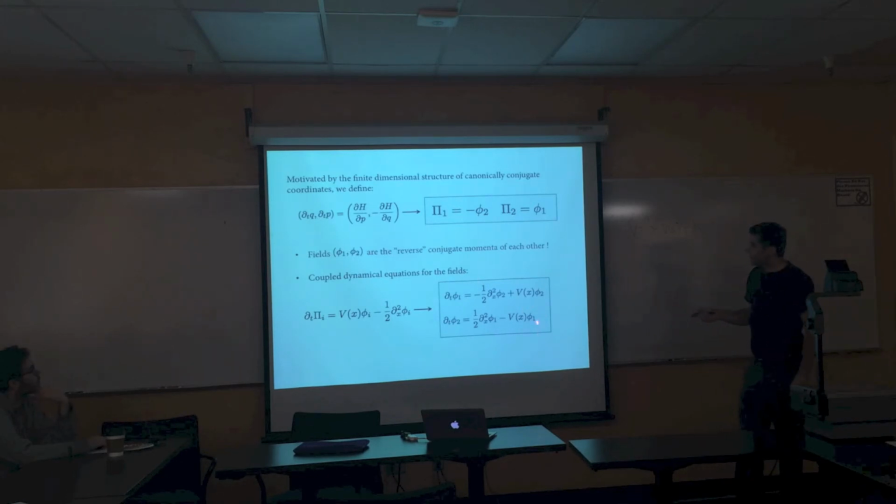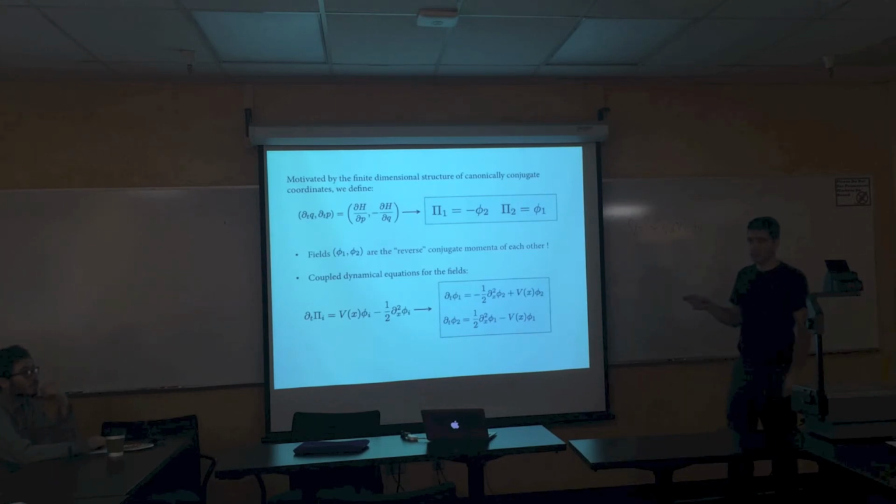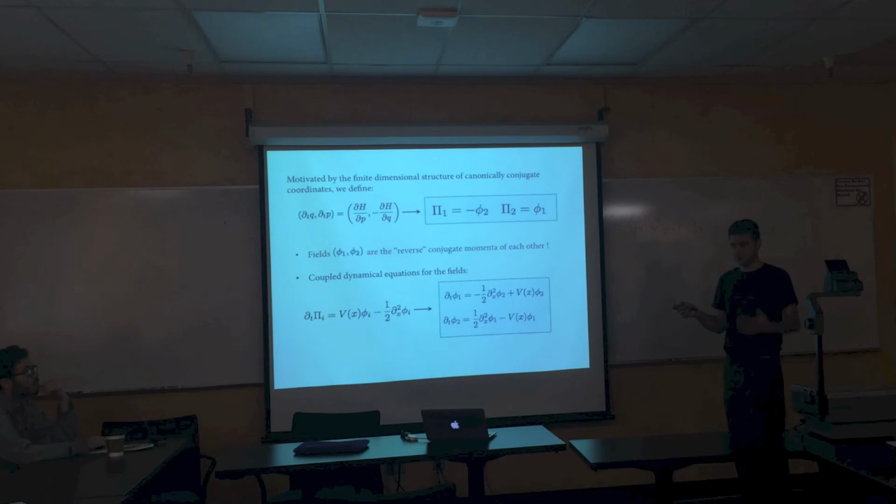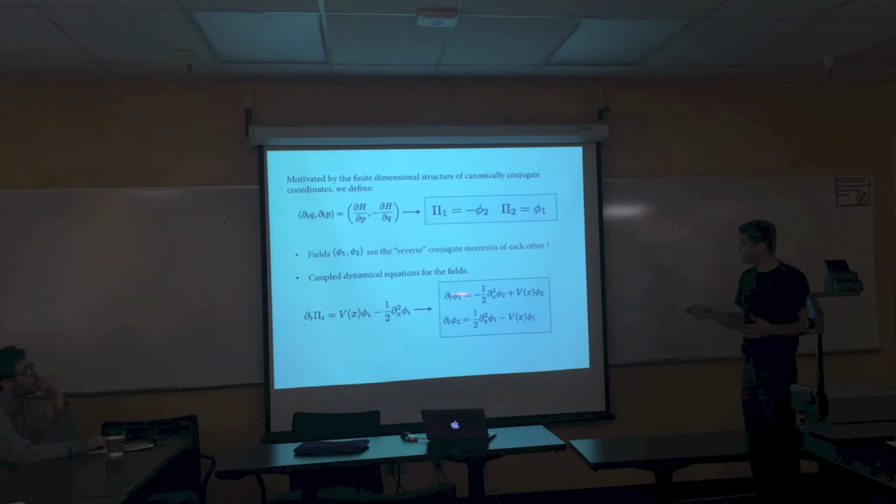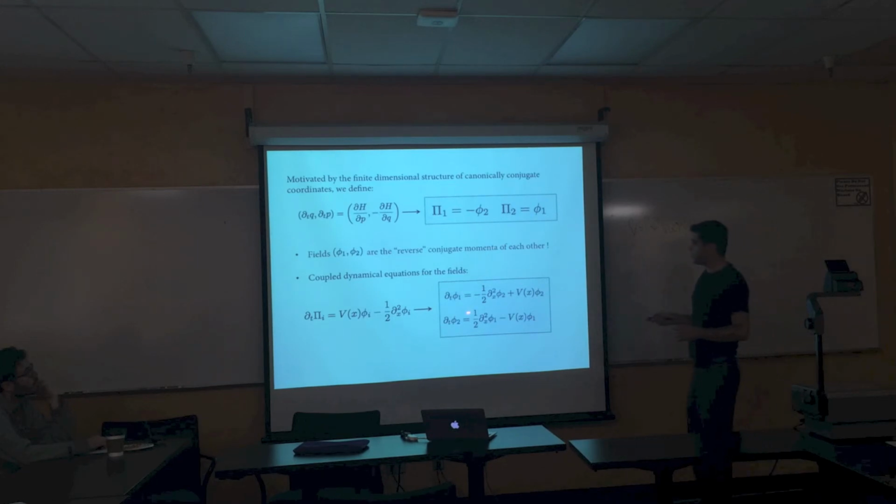And what we get is two coupled equations for the fields phi 1 and phi 2. Okay? So a variation calculation using this Hamiltonian, or the classical field theory, gave us two dynamical coupled equations for the coordinates phi 1 and phi 2.